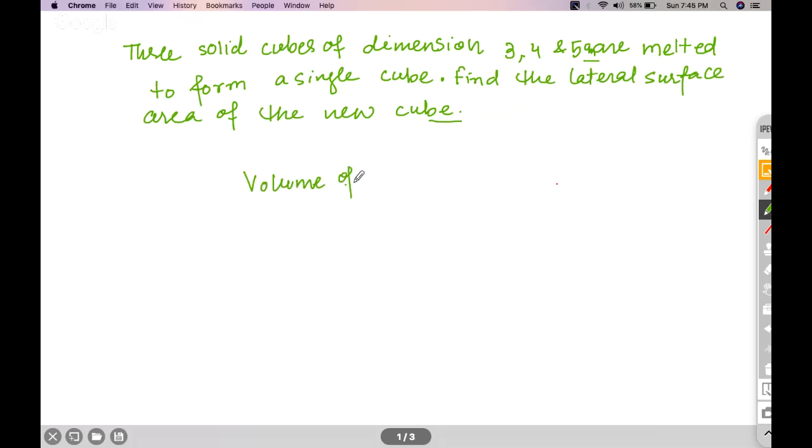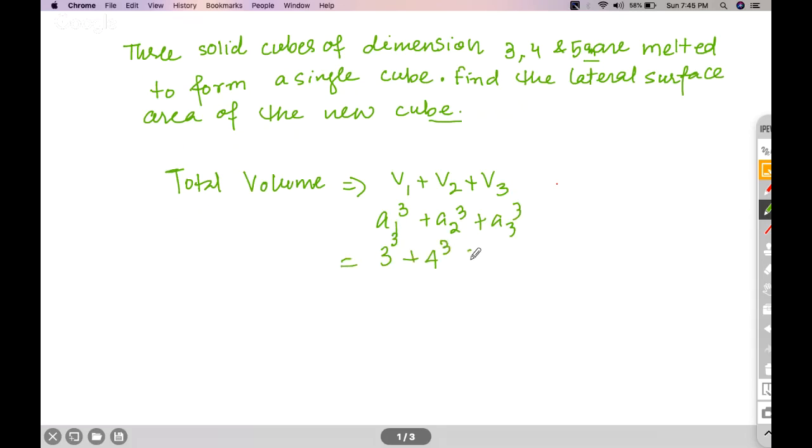So the total volume would be equal to V1 plus V2 plus V3, which will be equal to a1 cube plus a2 cube plus a3 cube, which is 3 cube plus 4 cube plus 5 cube, which is nothing but 27 plus 64 plus 125.